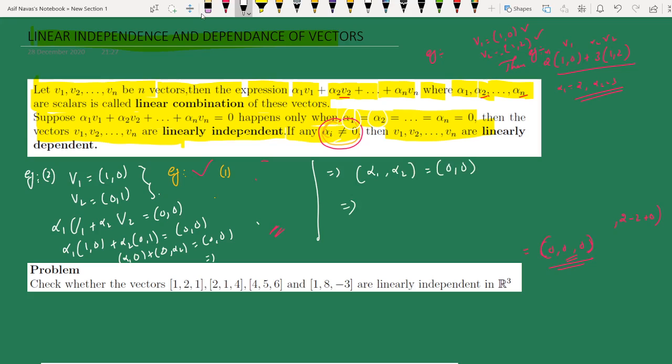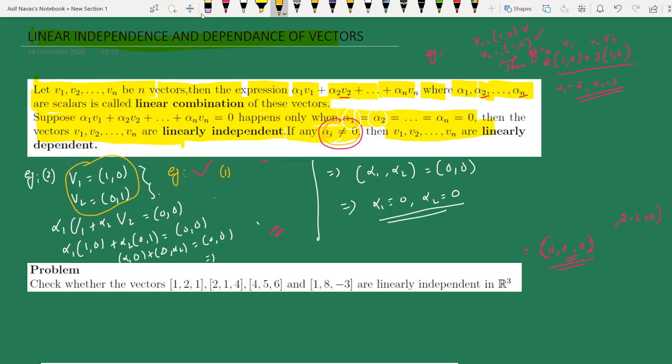So you get alpha 1 equal to 0, alpha 2 equal to 0. So in this case, whatever alpha 1 and alpha 2, if you equate to 0, there is only one possibility: alpha 1 equal to 0, alpha 2 equal to 0. Then what can you tell about these vectors? Is it linearly independent or dependent? Linearly independent.